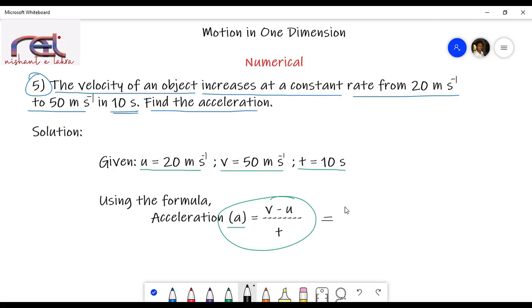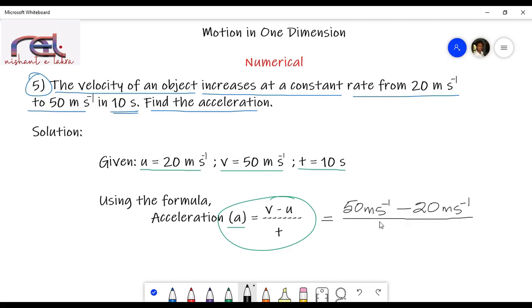We'll just replace the values to get the value of acceleration. Alright, so we get 50 meter per second minus 20 meter per second divided by time, which as mentioned in the question is 10 seconds.